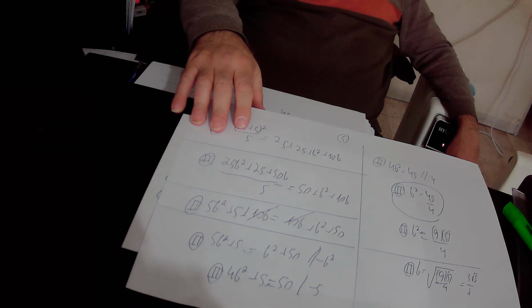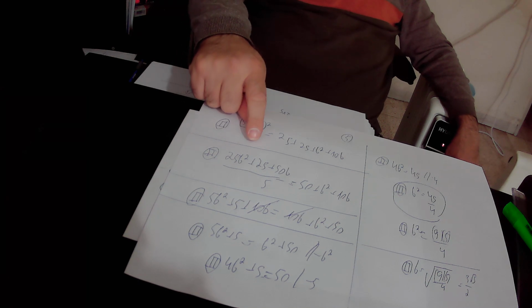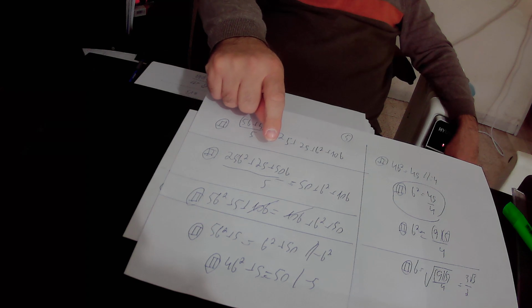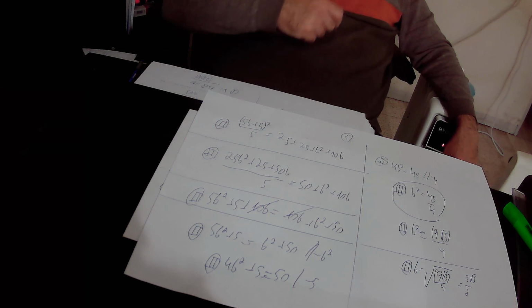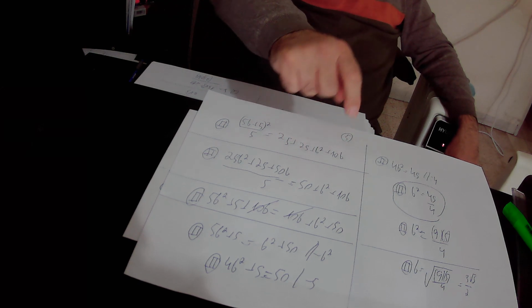So here we have 25b squared over 5 is 5b squared, 25 over 5 is 5, and 50b over 5 is 10b. This equals 10b plus b squared plus 50.